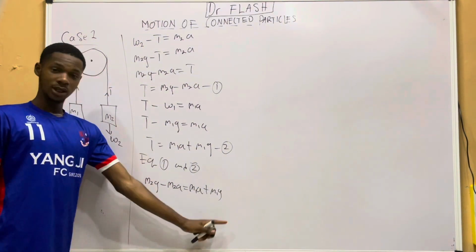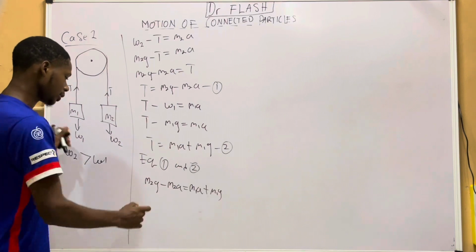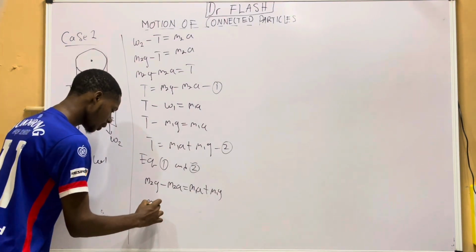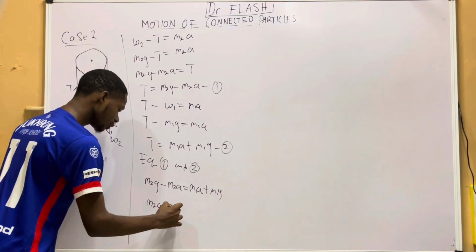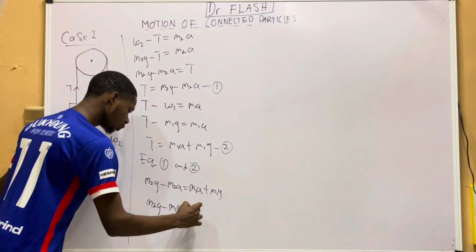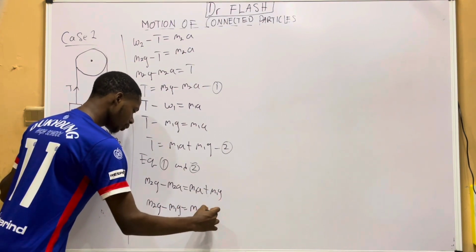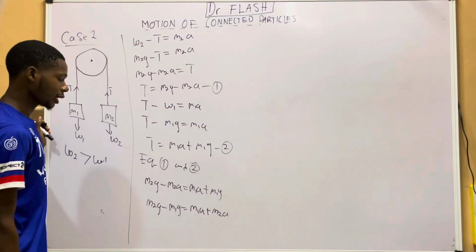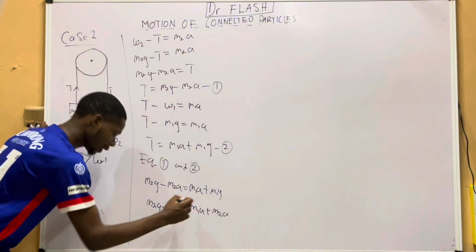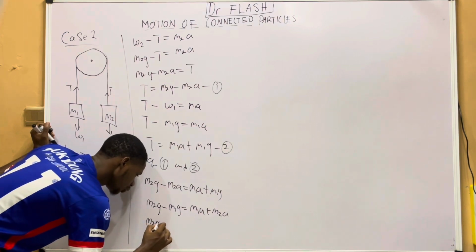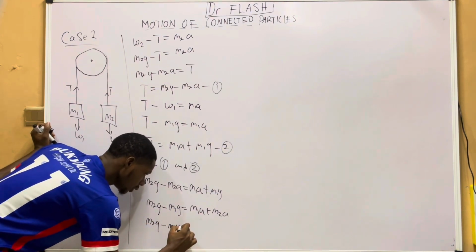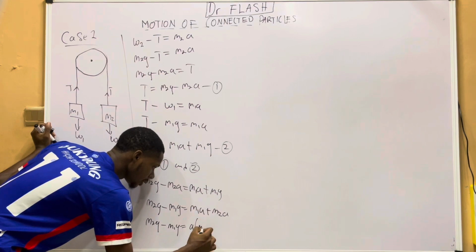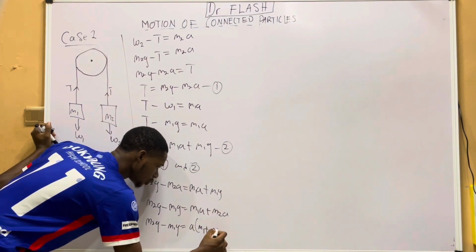I'm taking M2A to the other side. That will give me M2G minus M1G equals M1A plus M2A. A looks common, so I'm going to bring out A. If I bring out A from that side, I'll have M2G minus M1G equals A into brackets M1 plus M2.